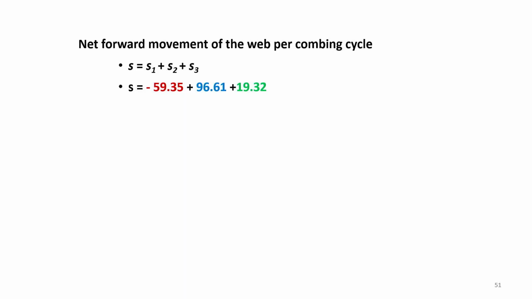Here minus 59.35 is the negative backward motion, fast forward motion is 96.61, and 19.32 is the normal forward motion. So, effective forward motion is 56.58 millimeter.